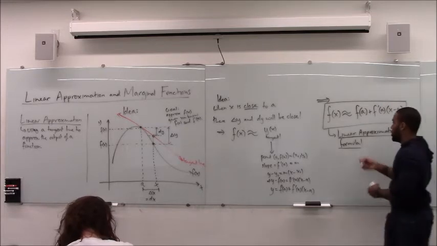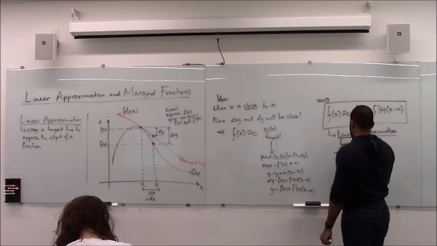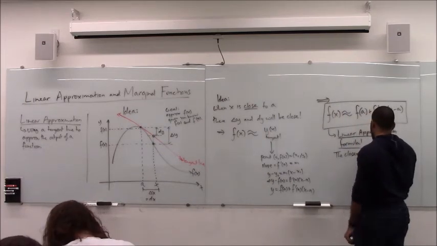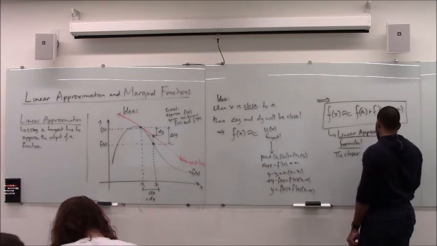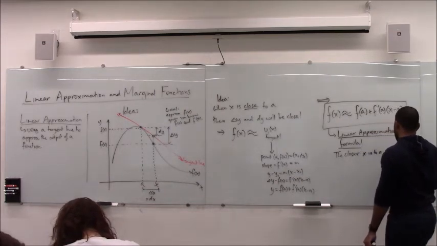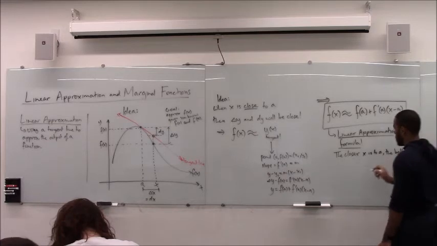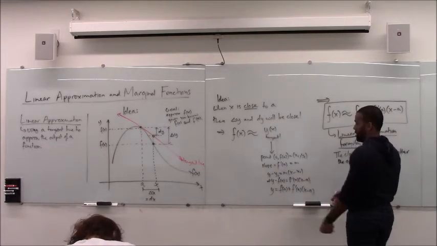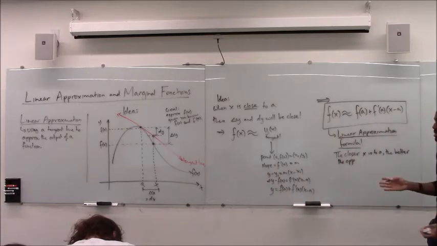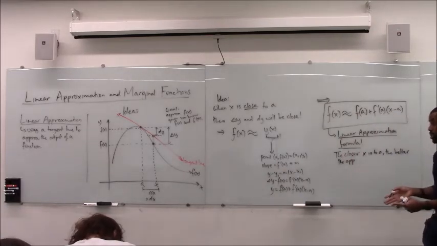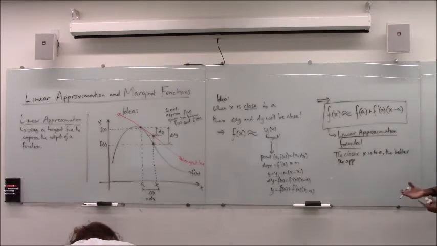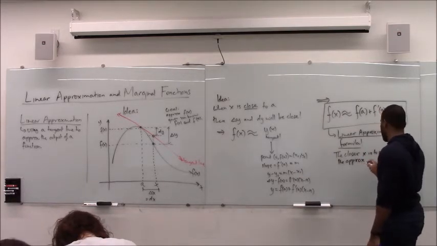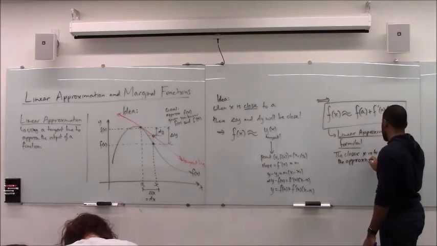Now, the closer x is to a, or a is to x, I really want to put it, closer x is to a, the better the approximation. If you go far enough, then the approximation is going to be absolutely useless. But there comes a point where getting close starts to make the approximation very useful.